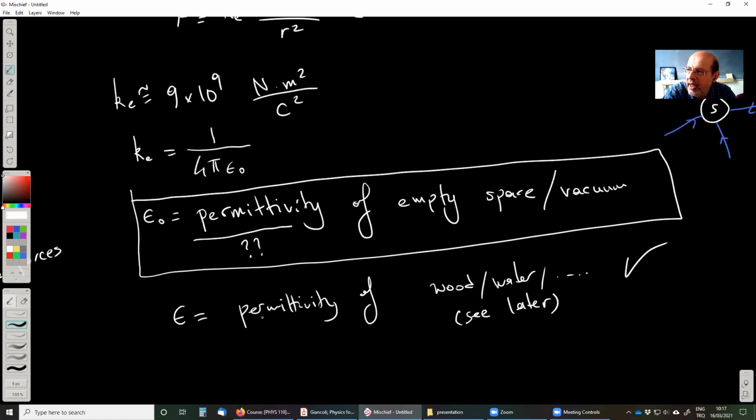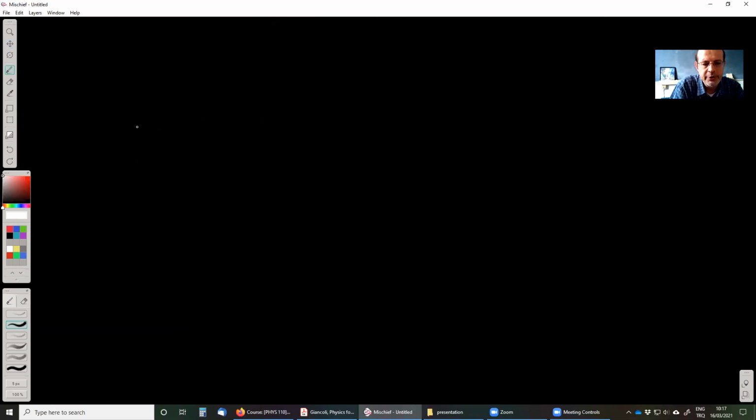It's like 8 point something times 10 to the minus 10, or 10 to the minus 12, I think. But in any case, whenever I need to use the value of epsilon zero, I always convert it into this coefficient in here and then insert that value. That's basically what I do.